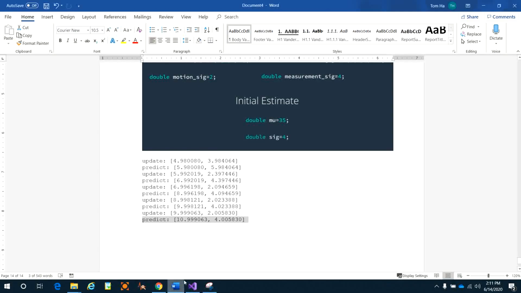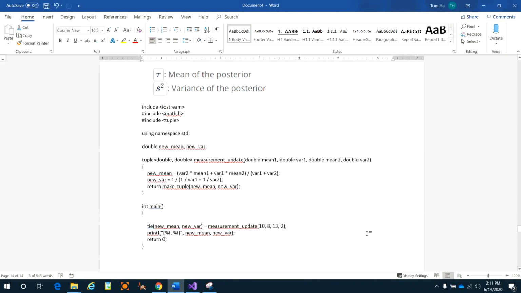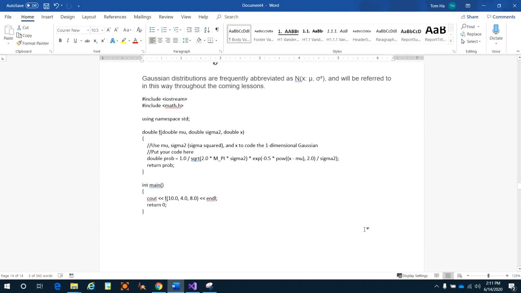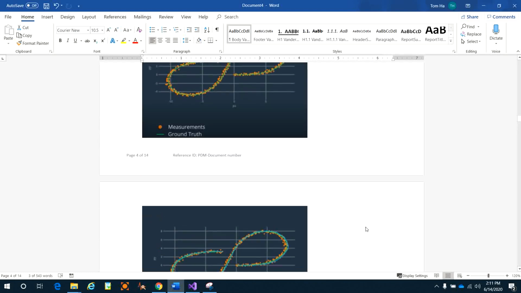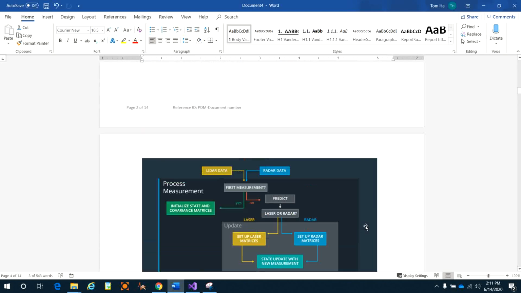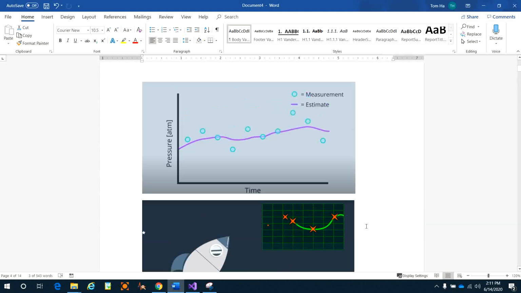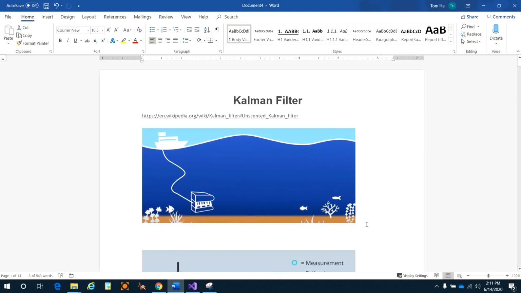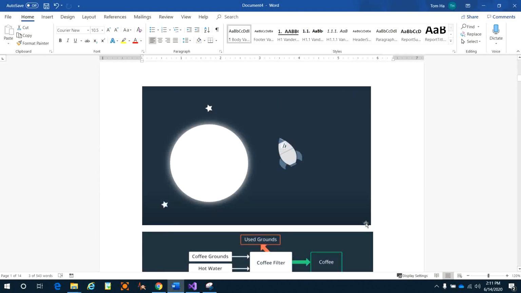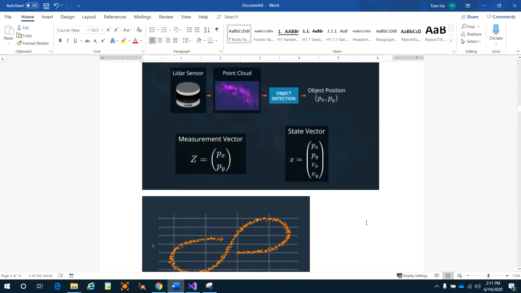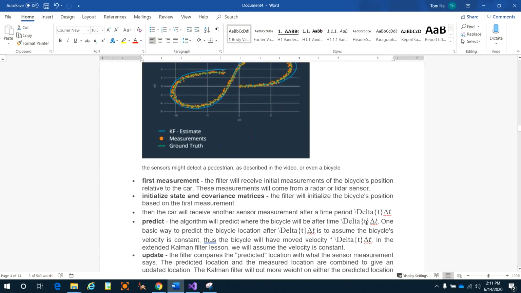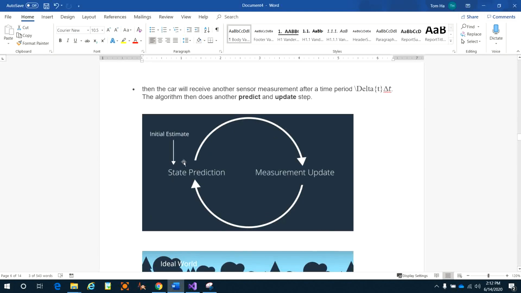Basically, I just want to show you right here how the Kalman filter works, and what the applications of the Kalman filter are. In general, there are two steps you have to remember: measurement update and state prediction.